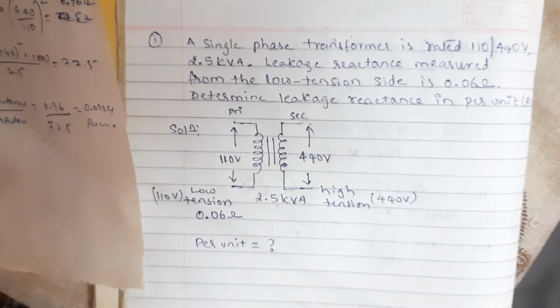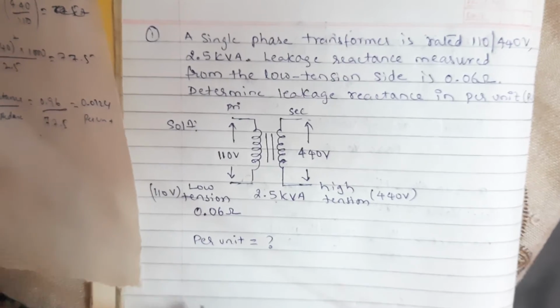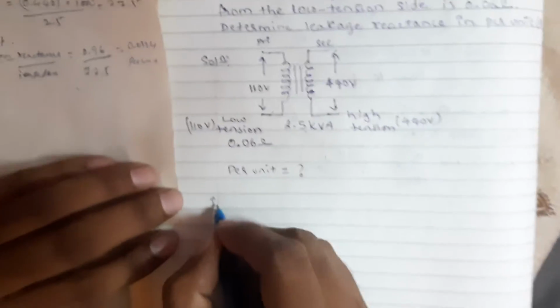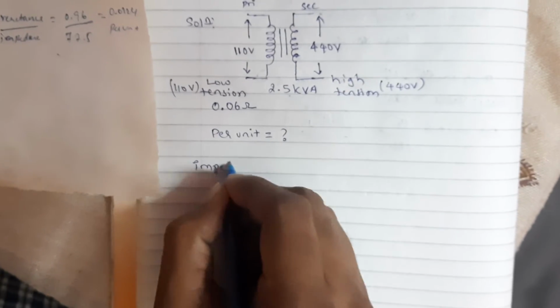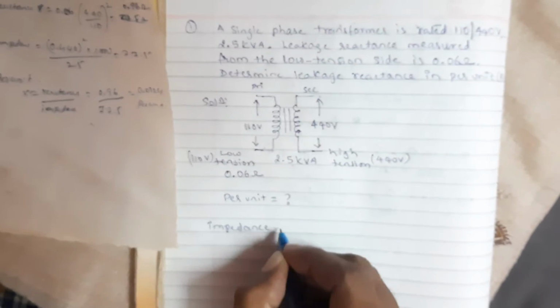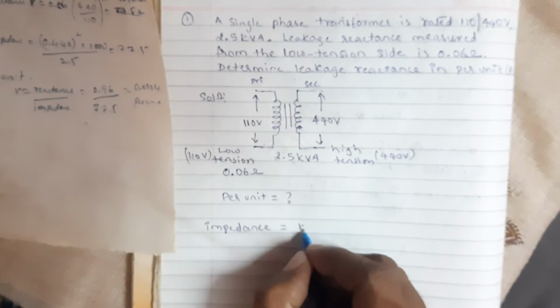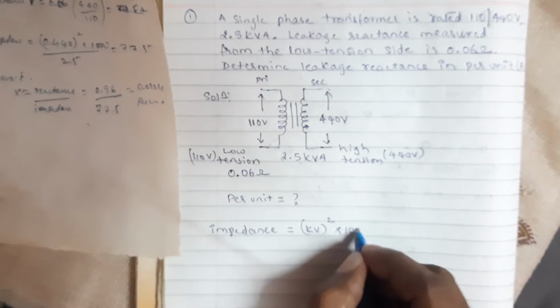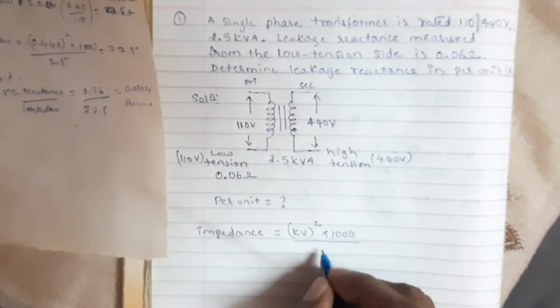For this we first have to find the impedance. The impedance formula is kilovolt square into 1000 divided by kVA.